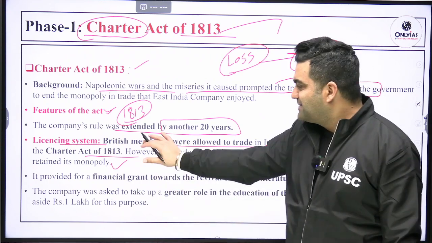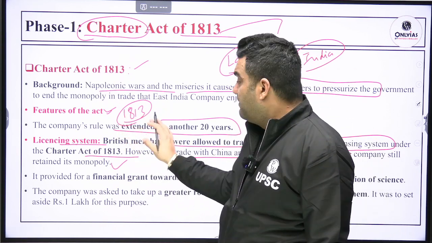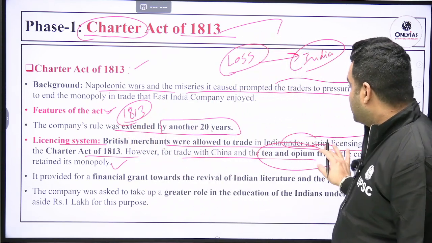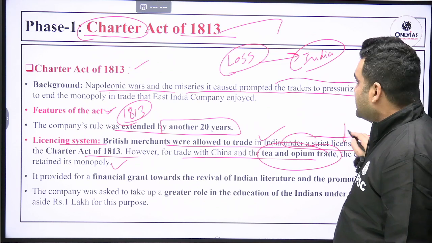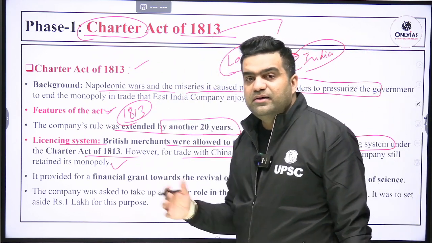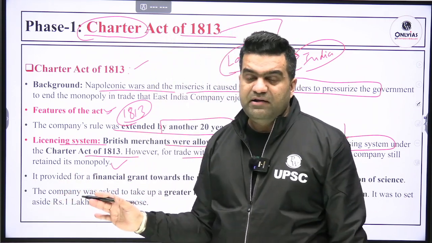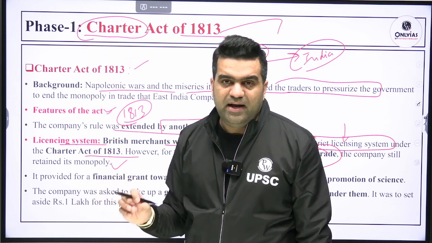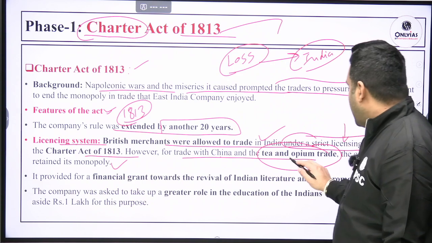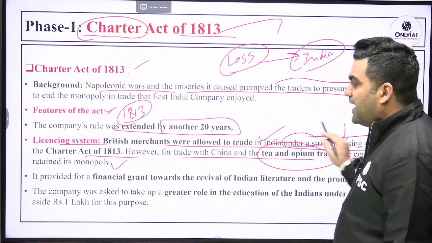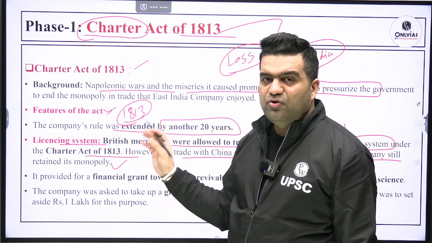Even though the company's rule was extended, others were also given the license. That means other traders were given not a completely free hand, but an entry into India. But the company had monopoly over trade with China and the opium and tea trade.